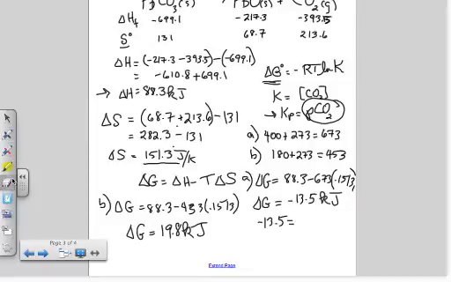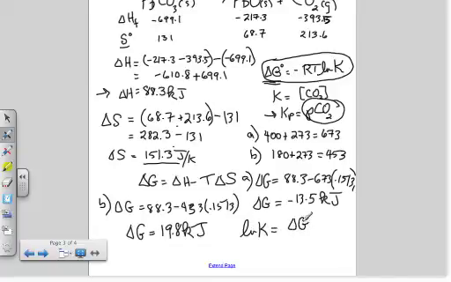I'm going to rearrange my equation so that I'm solving for K. So I'm going to say ln of K is equal to negative delta G over RT. So just rearranging that equation, I divided both sides by negative RT, okay?